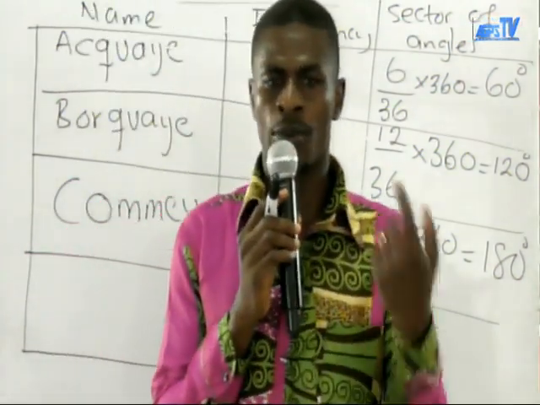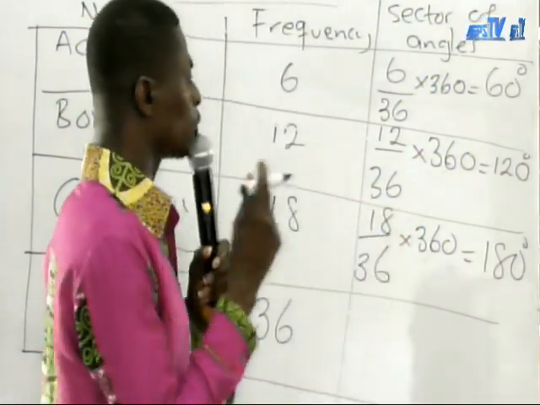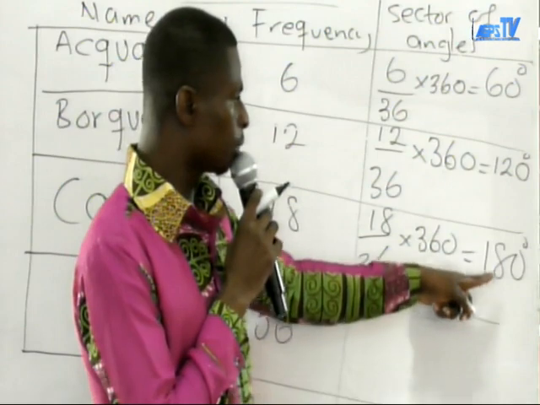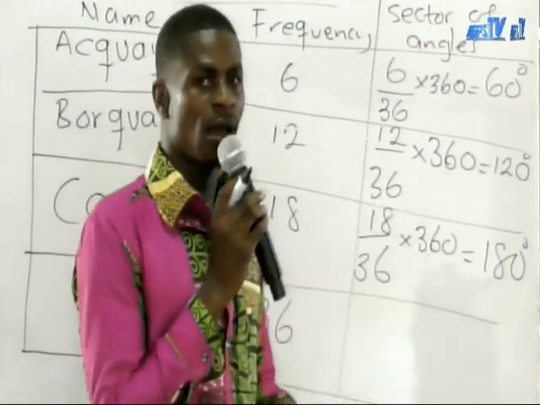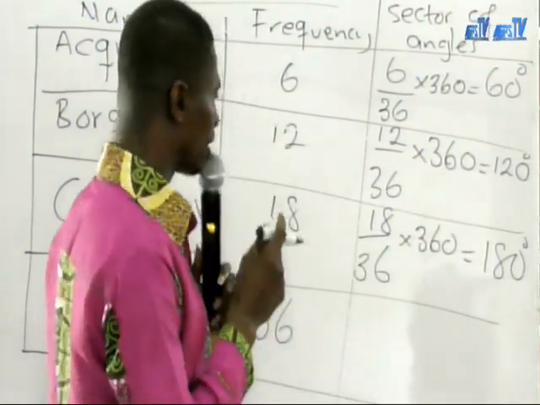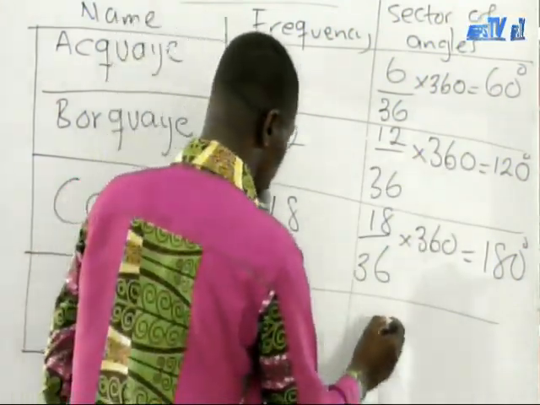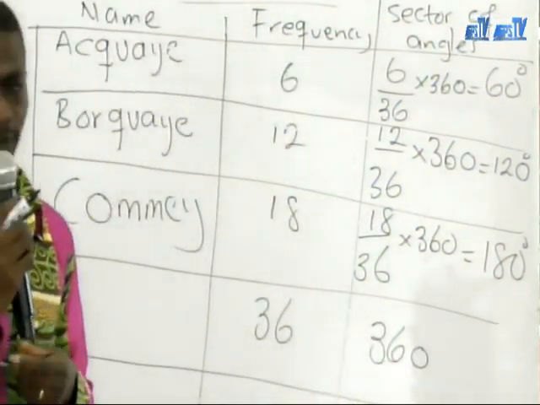If not, go back and recalculate them. And so if I put my 180 and my 120 together, I'll have 300. And 300 plus 60 is 360. So it tells me that my final calculation is correct.